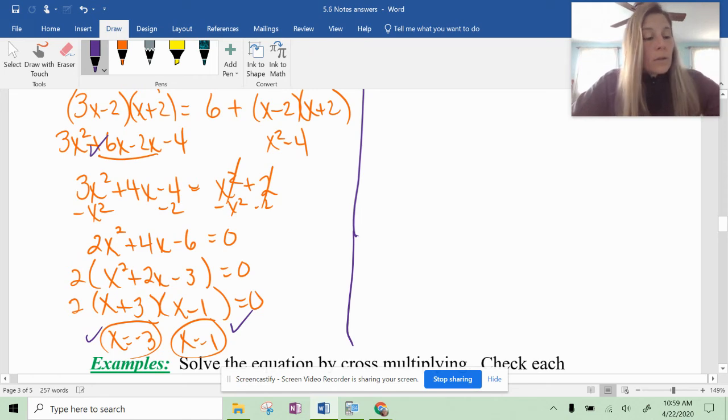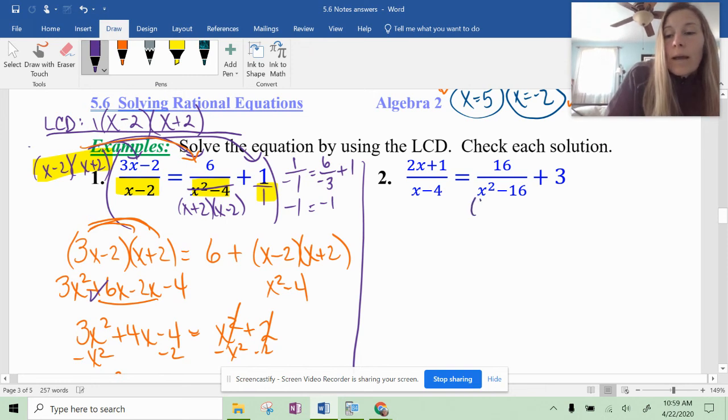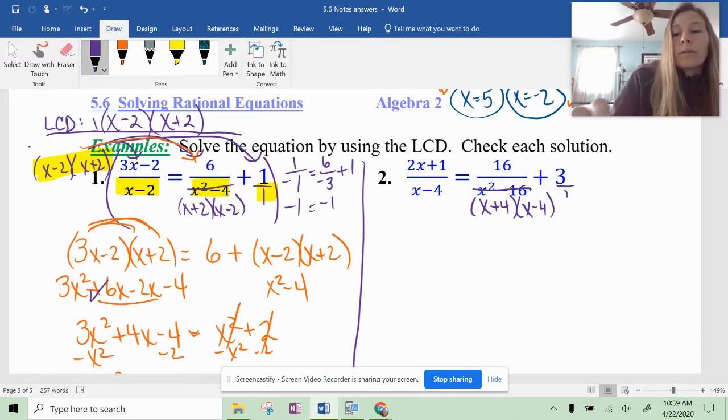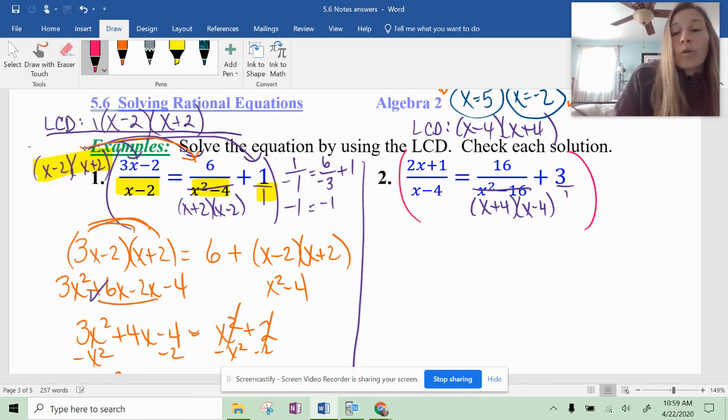Okay, so the last LCD problem here, similar to the other one. So x squared minus 16 is x plus 4, x minus 4. So we know that our LCD for this one is going to be that x minus 4 times x plus 4. So that's what we're going to distribute to this entire problem, right?